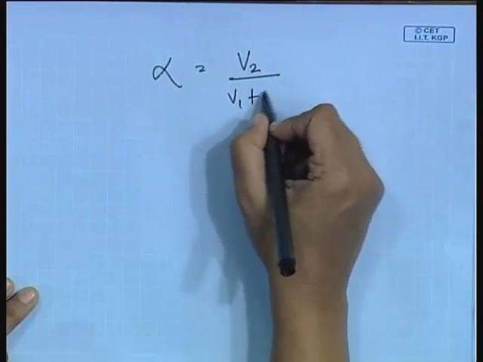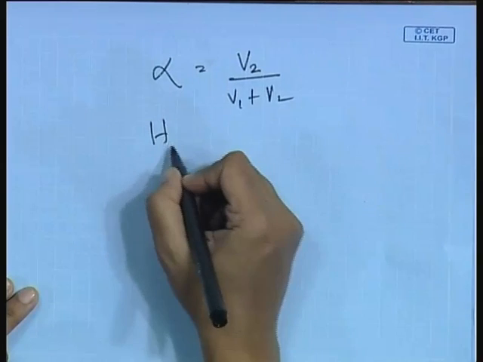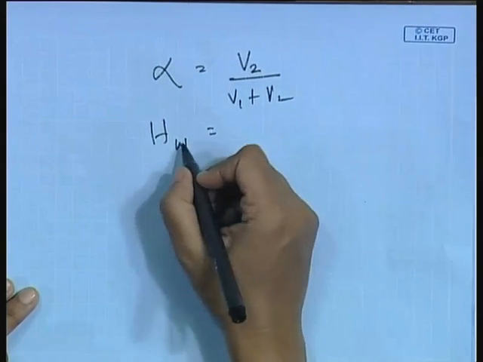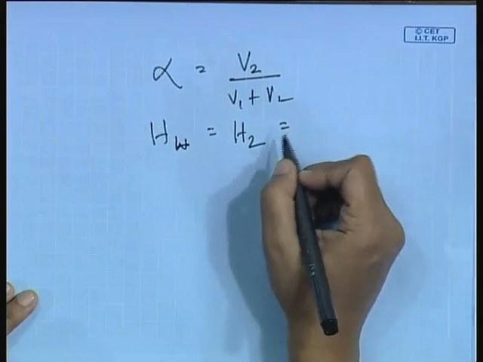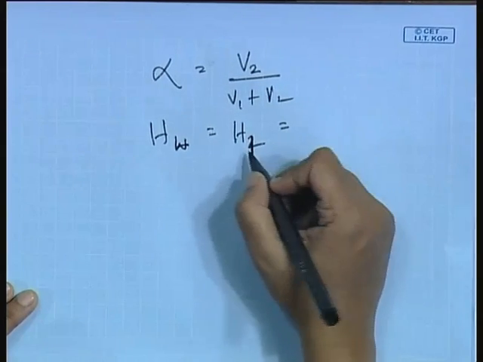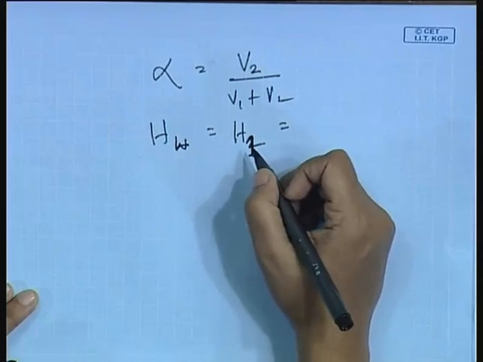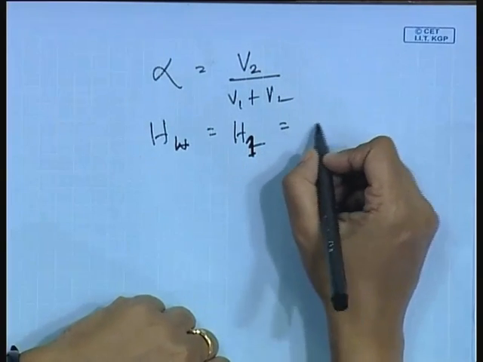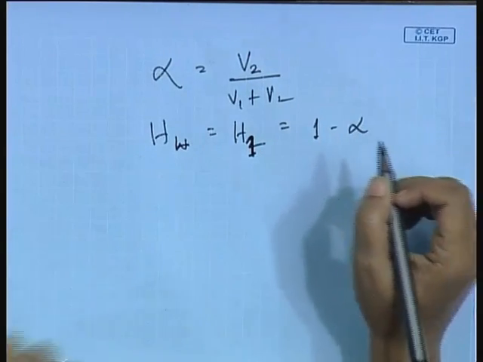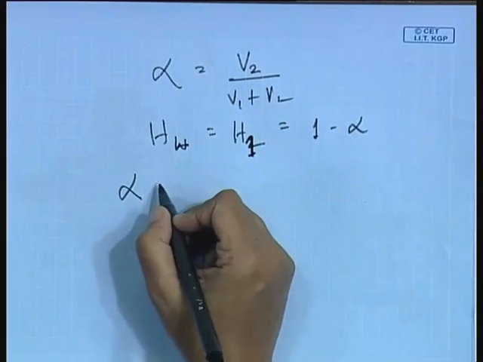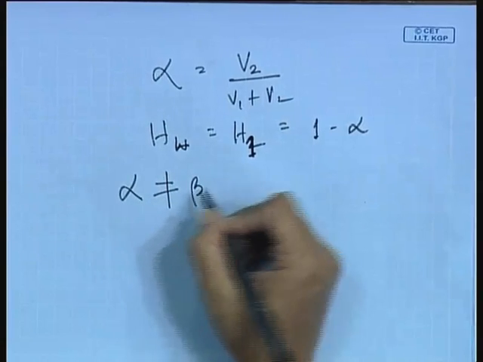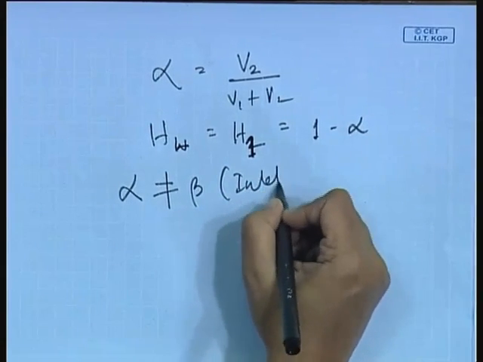it can be given as V2 by V1 plus V2. And as I had mentioned in the last class, it is HL or H2, whatever way you would like, H1, the holdup of the heavier phase, which is usually equal to 1 minus alpha. And I had already told you that alpha, the in situ fraction, is not equal to the inlet volume fraction.